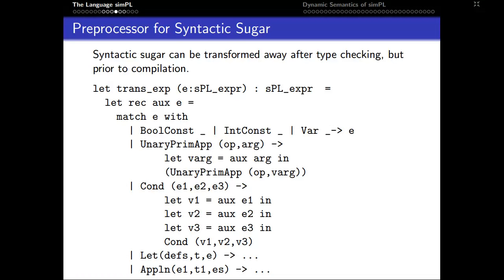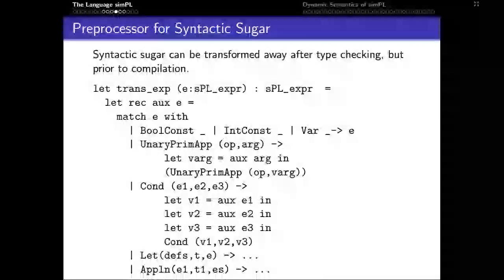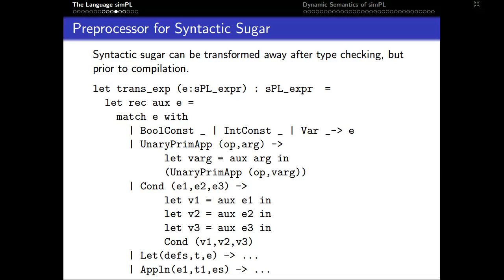Well, we take the abstract syntax tree that the parser provides to us, and we take all types of expressions, and we try to perform recursive reductions of syntactic sugar, recursive translations of syntactic sugar, and use those. So obviously there's nothing to do for a Boolean constant or an int constant or a variable. Whatever the expression is, since it's a constant, there's nothing to do there.